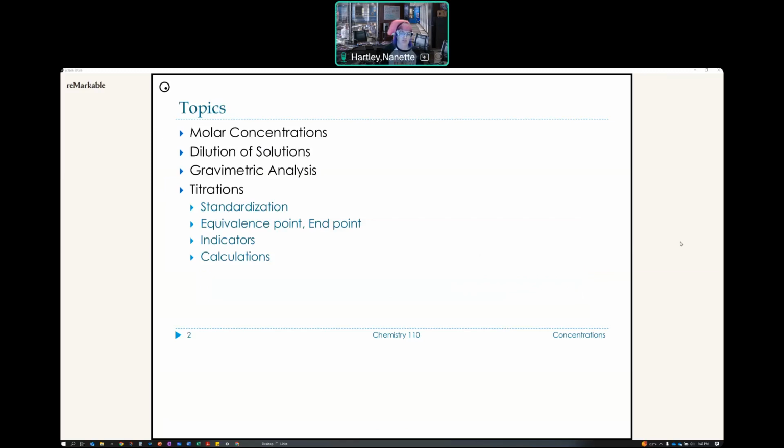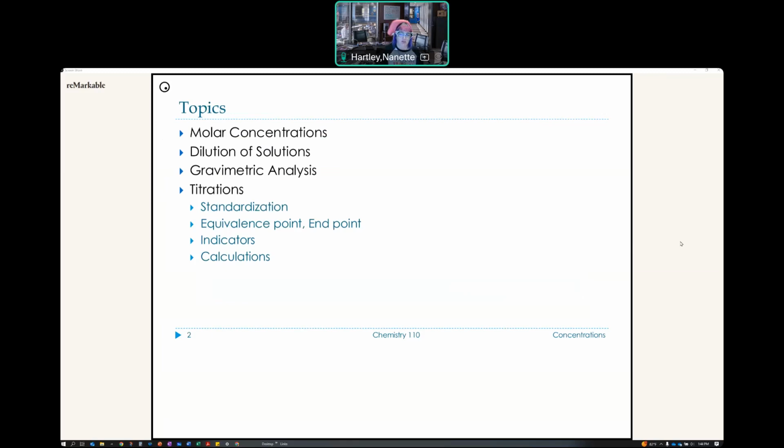We'll talk about dilution of solutions because it is an important part of what we talk about. It gets mentioned often when you go searching on the internet, but it is not the right way to do everything. I often hear it spoken about as if it is the right way to do everything, but it is not. So we have to be careful how we deal with those calculations.